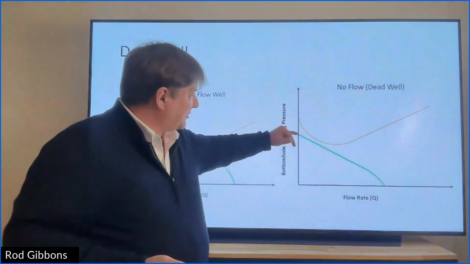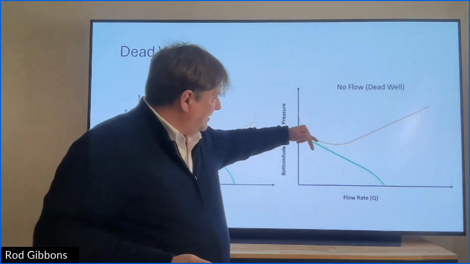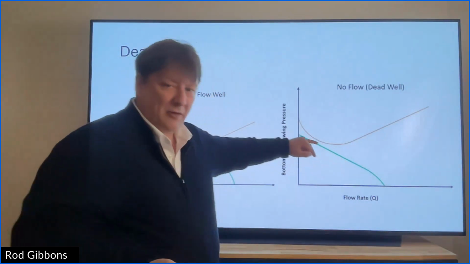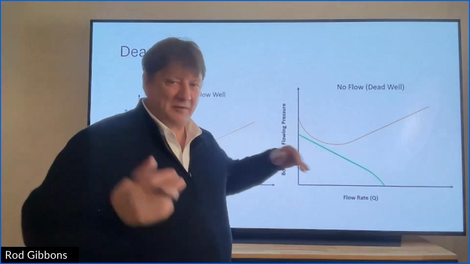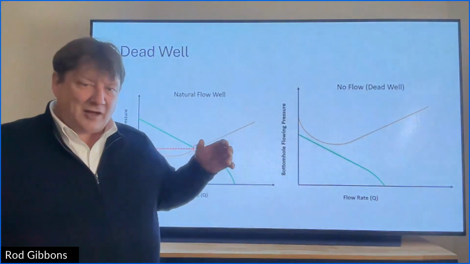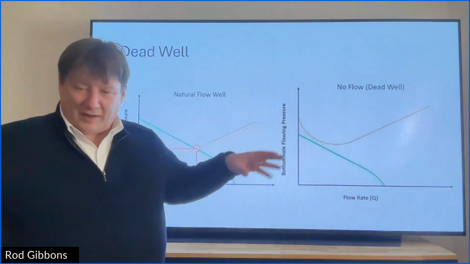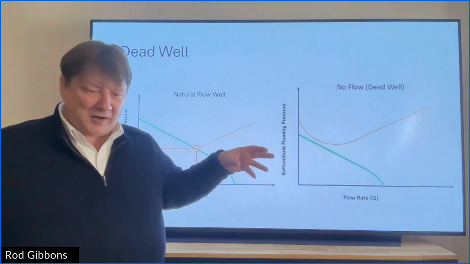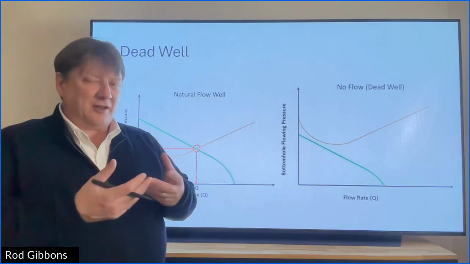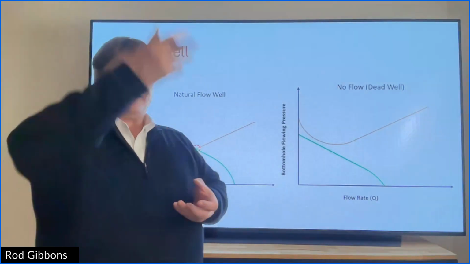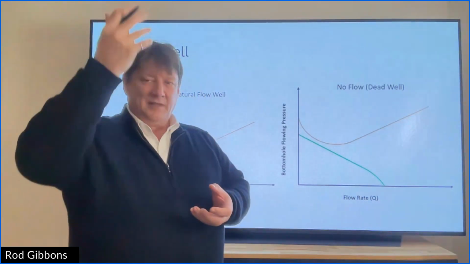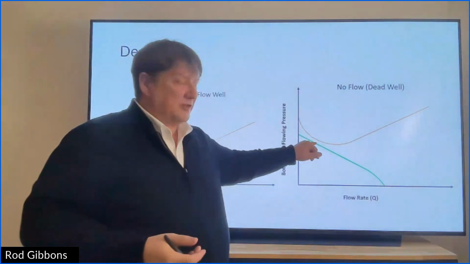And as the reservoir pressure dropped, with this inflow performance relationship, there's not enough. When I get my oil molecule from the reservoir into the wellbore, there's not enough pressure left to get up to surface. So then there's no intersection here.